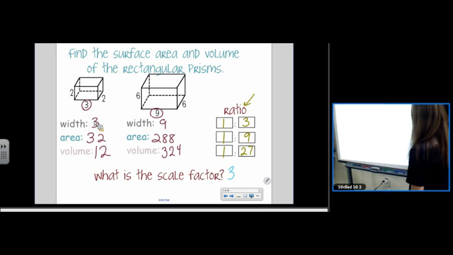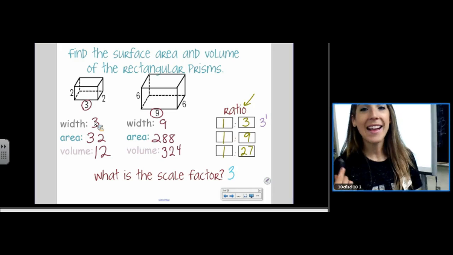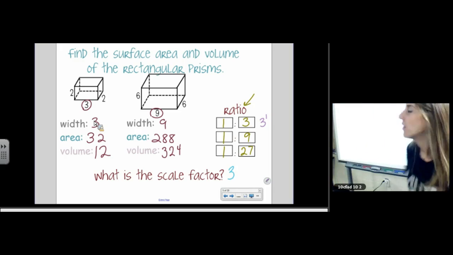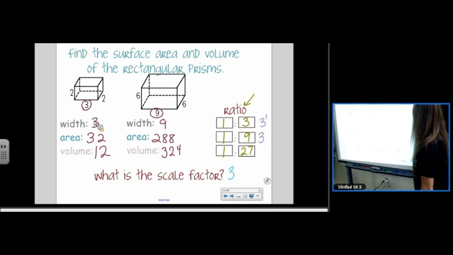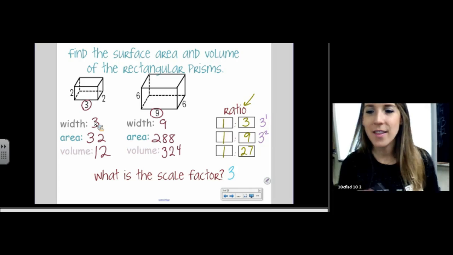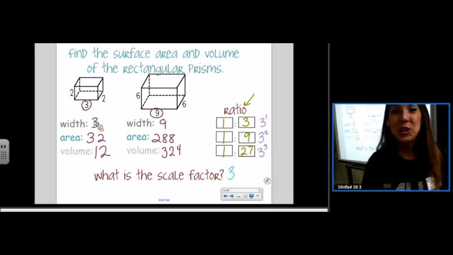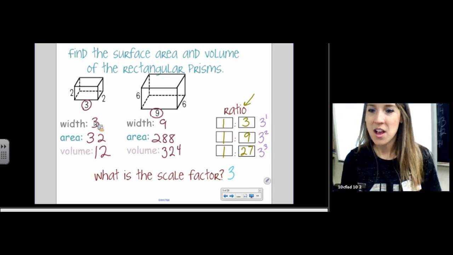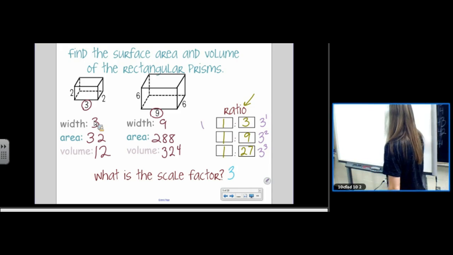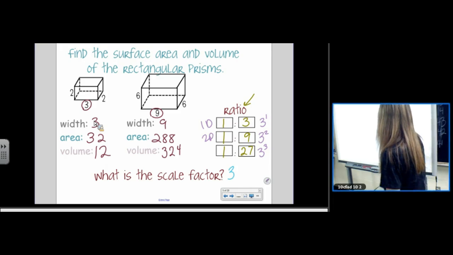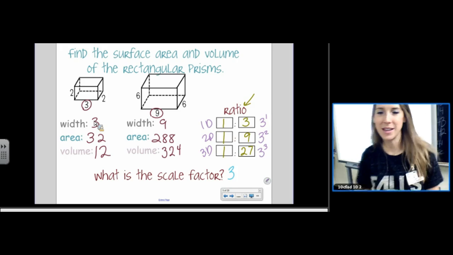Where these come from is the scale factor is 3. So the ratio of the sides is 3 to the 1. The ratio of their areas is 3 to the 2. And the ratio of their volumes is 3 cubed, 3 to the 3. Because sides and perimeters are 1D, area, even surface area, is 2D, and volume is 3D.